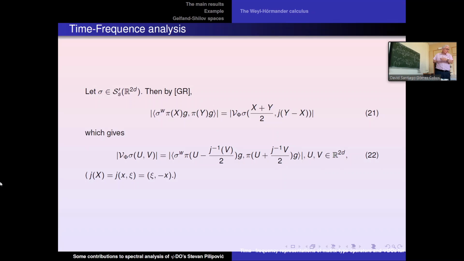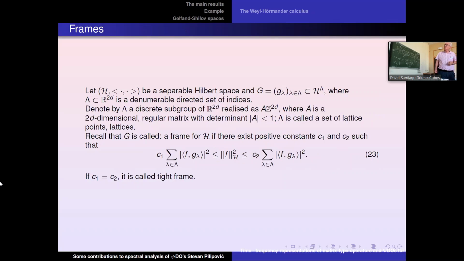If you write down the symplectic product, you can see simply that j is very much connected, and some people do not use, let me say, this symplectic form of the Fourier transform. They use this but with this operator j inside. So in any case, this is well known.